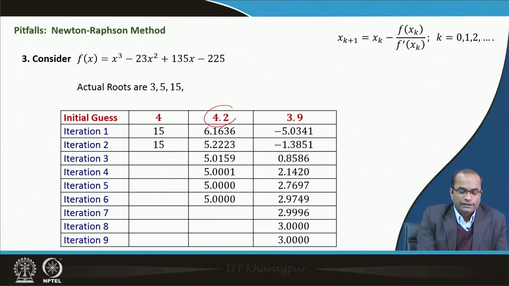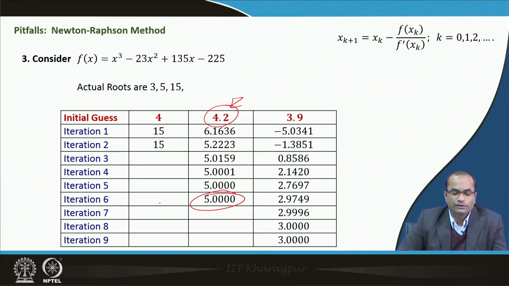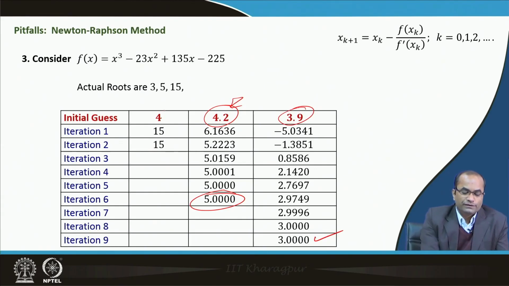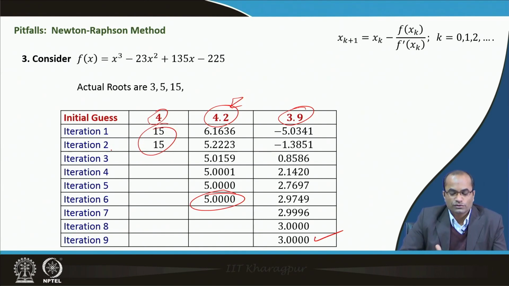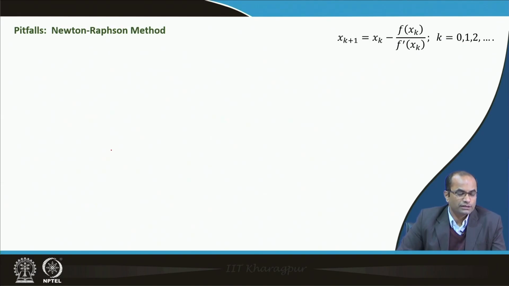On the other hand, if we make a slight variation by taking the initial guess 4.2, then it is converging to 5, or if we take 3.9, then it is converging to 3. But if we take 4, it is straight away going to 15. So, such situations can also happen in the Newton-Raphson method.